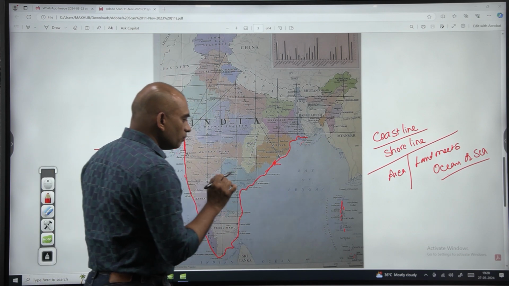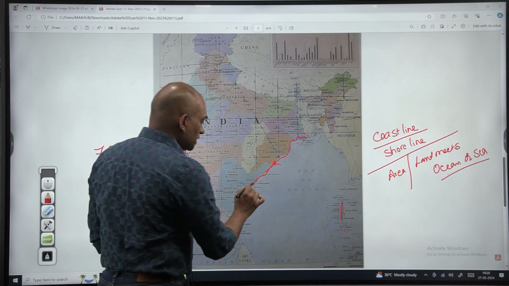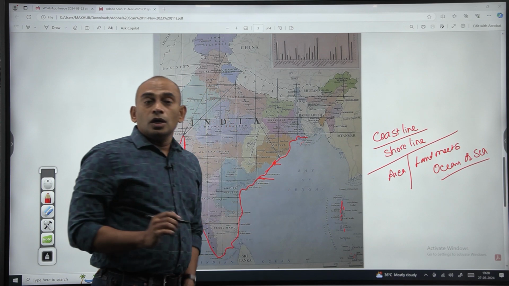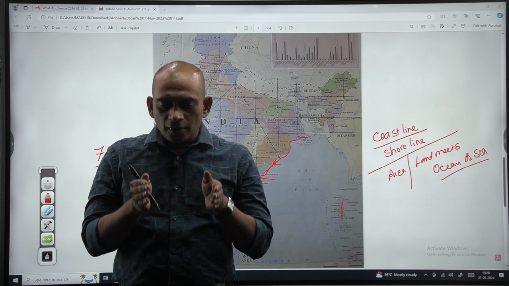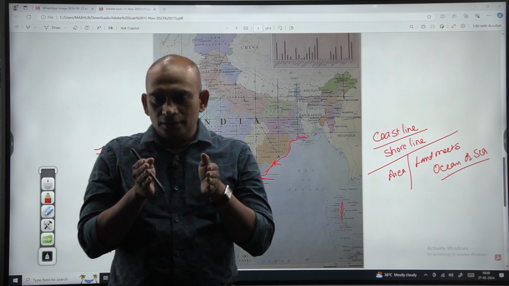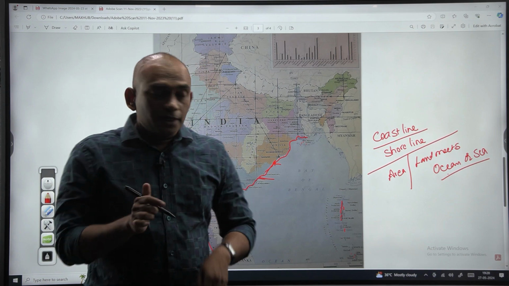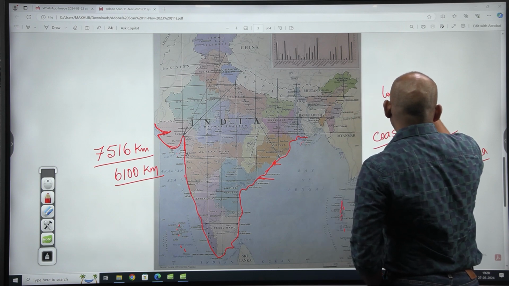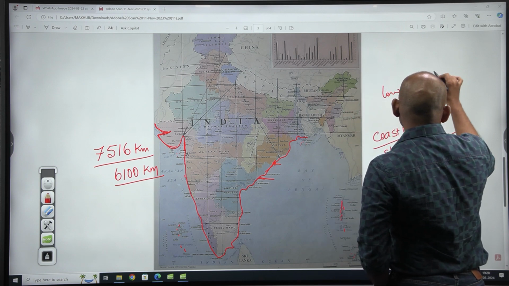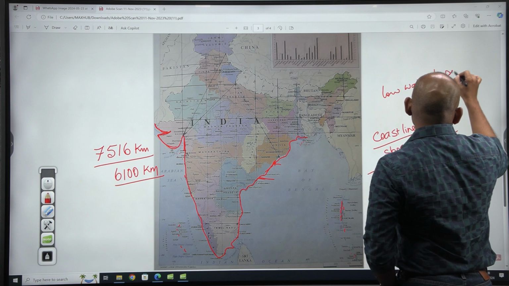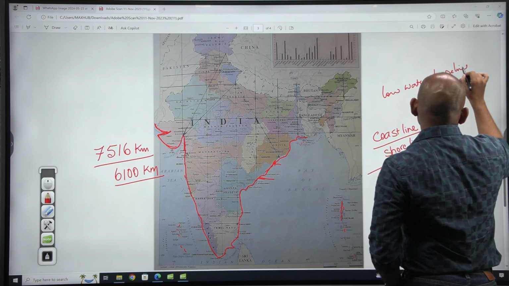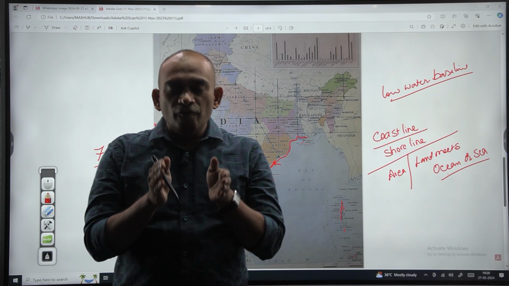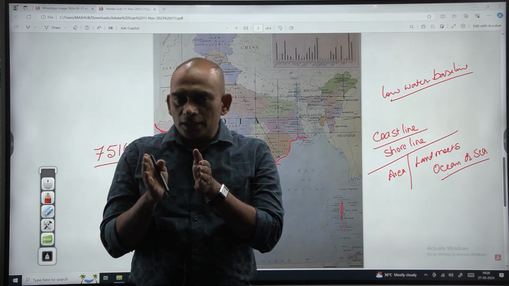Maritime boundary is generally measured from the coast. What exactly is that point? That is the low water baseline. It is from a baseline where the low water mark is present.